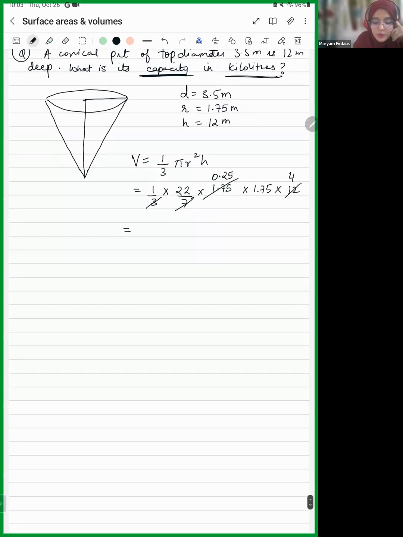All right. 0.25 into 4 is how much? 1. Very good. So this is 1. And here we have 22, and here we have 1.75, and here we have 1. So 22 multiplied by 1.75. Quickly.